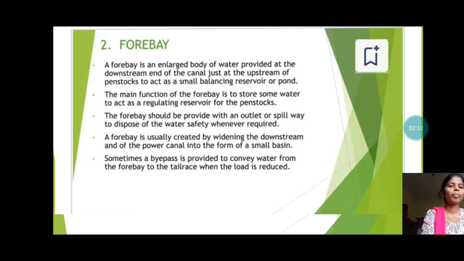The forebay should be provided with an outlet or spillway to dispose of the water safely whenever required. A forebay is usually created by widening the downstream end of the power canal into the form of a small basin. Sometimes a bypass is provided to convey water from the forebay to the tail race when the load is reduced.